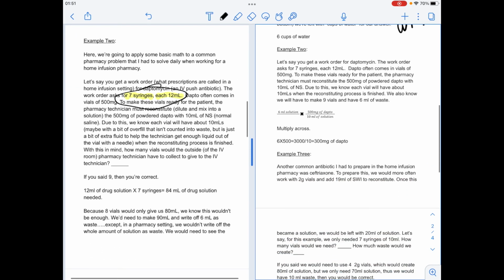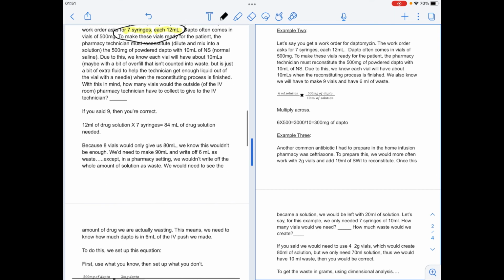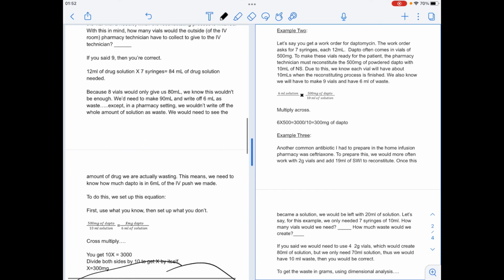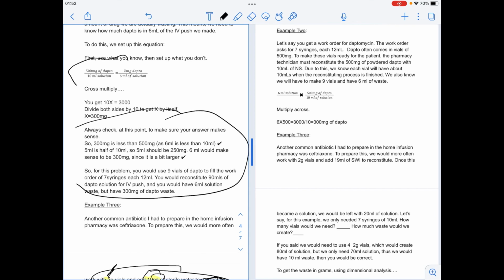Okay, so going to that second example. Once again, just to see it here, the amount we want is milligrams of Dapto. Remember, 6 milliliters. That's how it looks in ratio proportion. But here we don't set up like units on both sides.